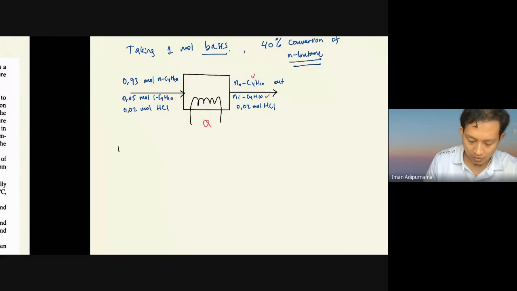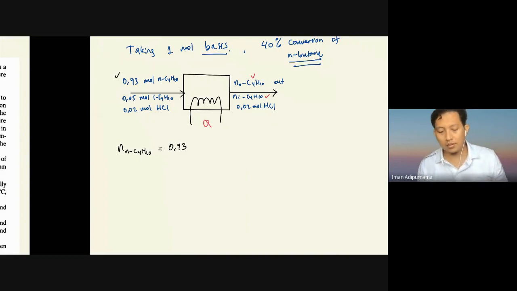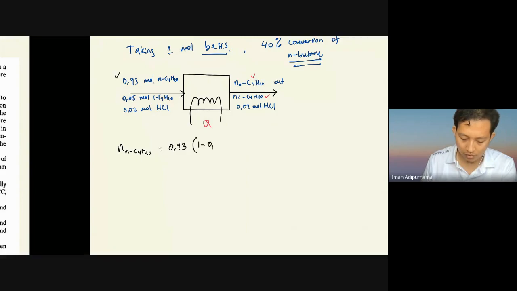So we can write the N for the n-butane. This will be 0.93, that is the very beginning. The mole will be multiplied with this, right? Because the 0.4 is converted.